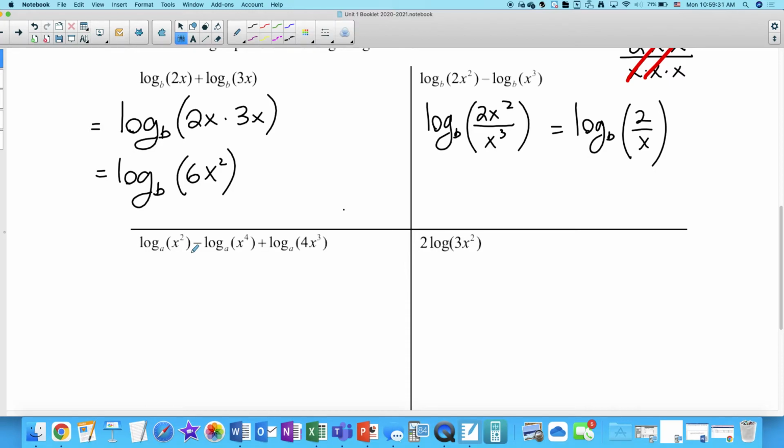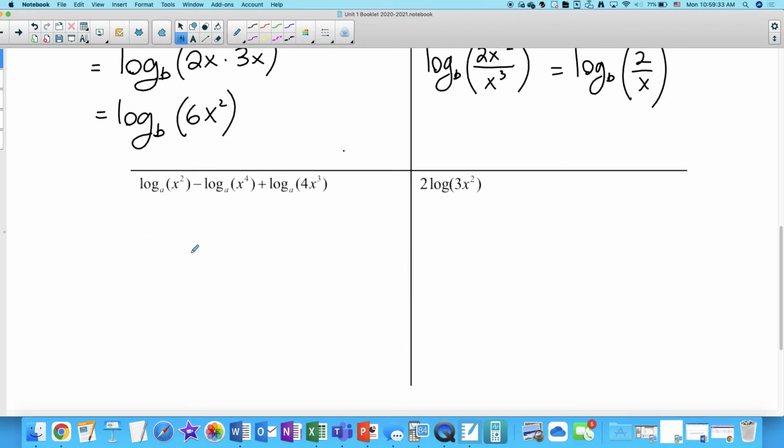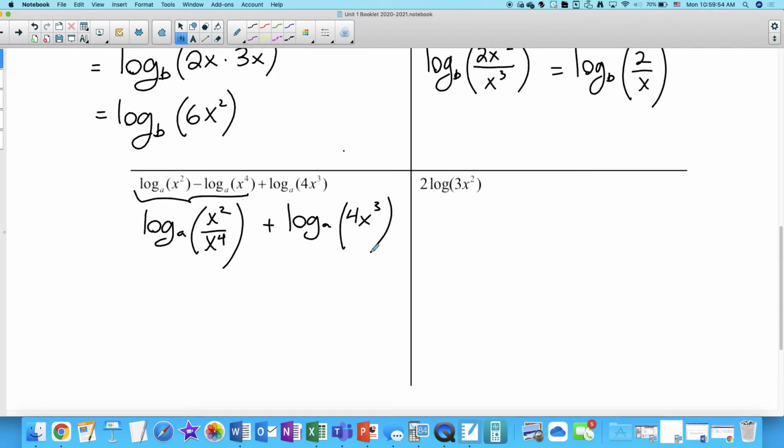if I take a look at these two first, I need to divide. So I'm going to have log base a of x squared over x to the 4 plus log base a of 4x cubed. Okay. Now, some people like to simplify this first piece first.